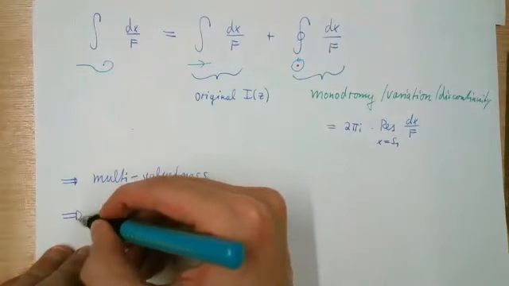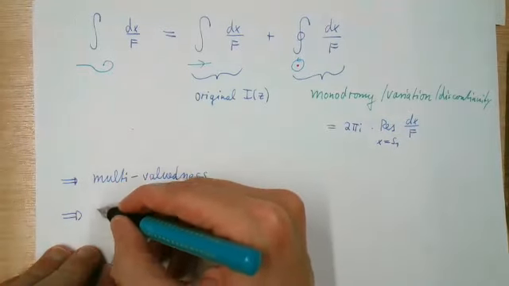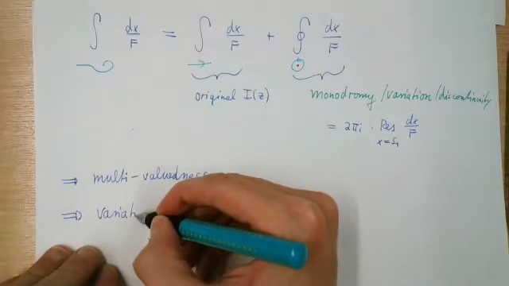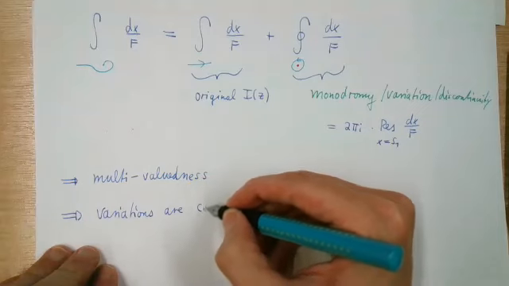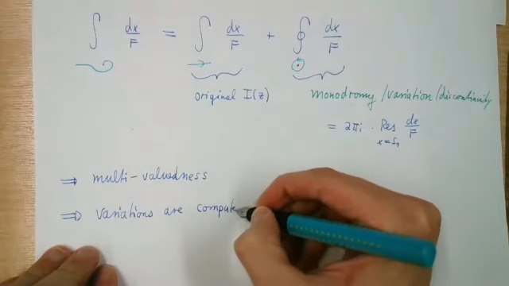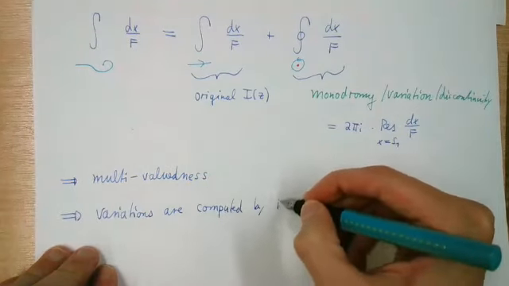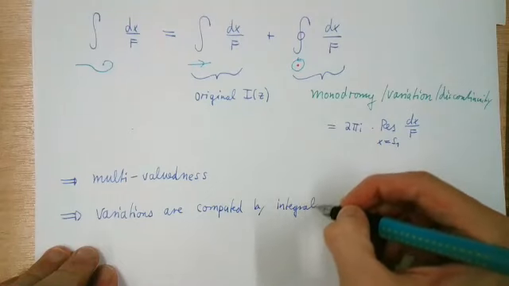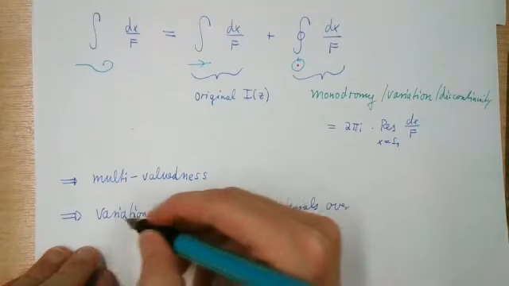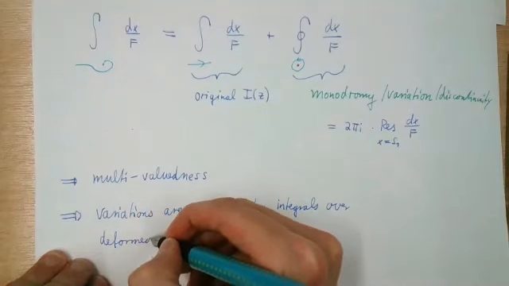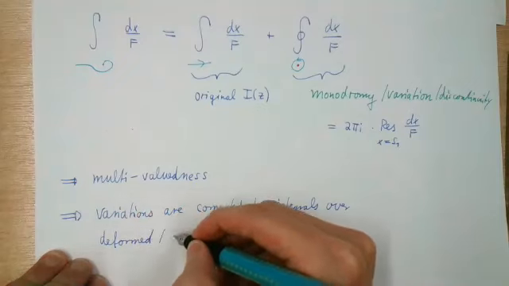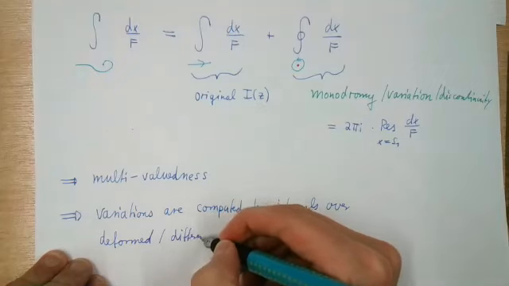And the second observation is that the variations are computed by integrals over deformed, or simply just different, contours.